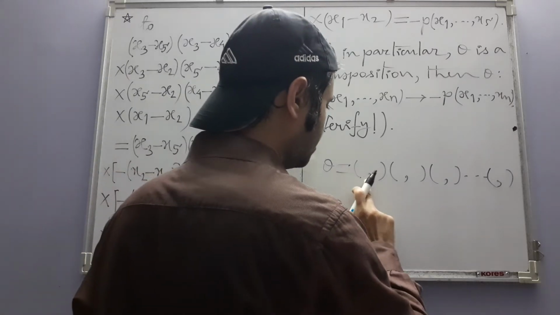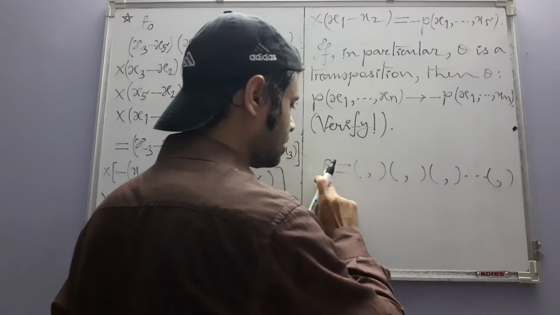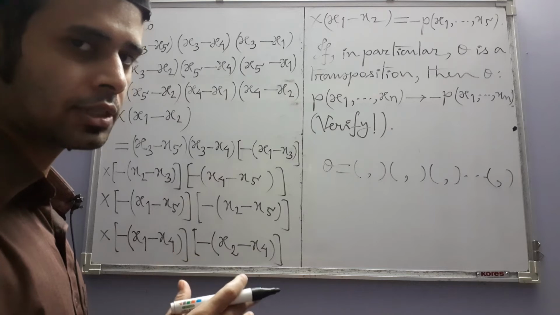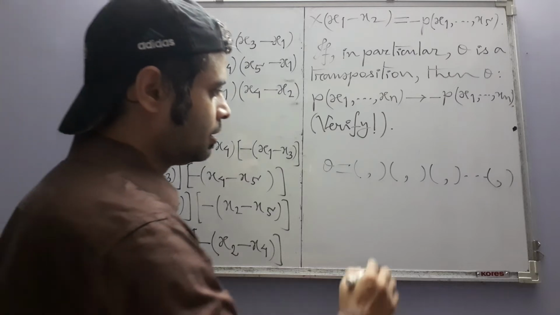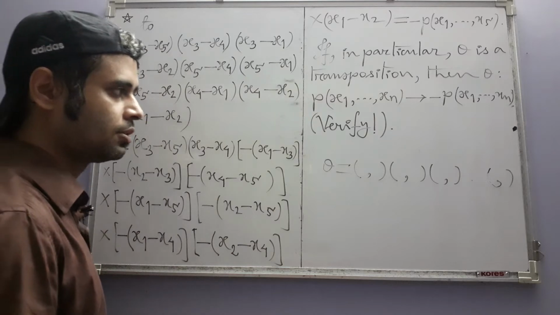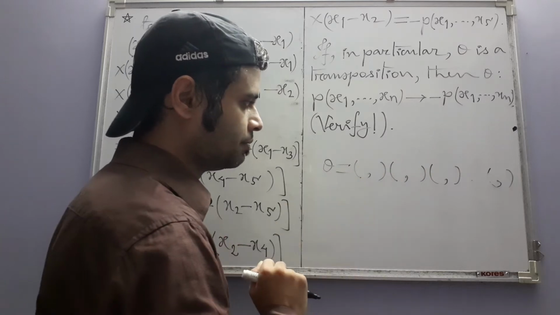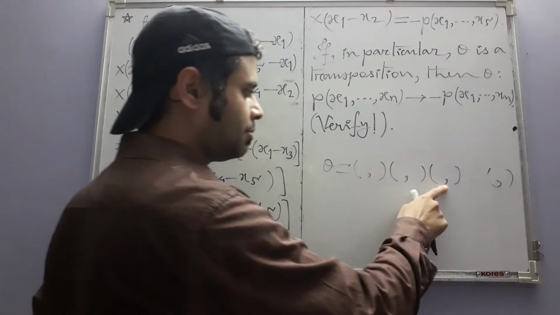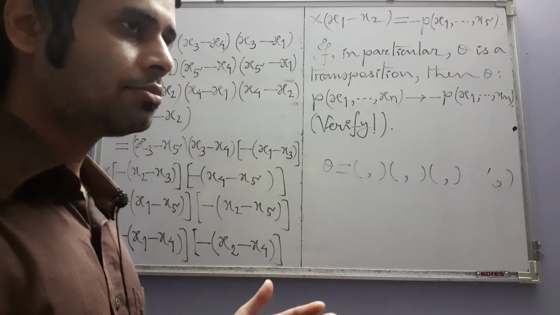So it ultimately does not matter exactly how many transpositions theta has in its representation. The actual number does not matter, but rather its parity matters. If there are exactly 4 transpositions, then you apply one of them, p gets turned into minus p, then minus p gets turned into p, then p into minus p, then minus p into p. So ultimately we end up with p.